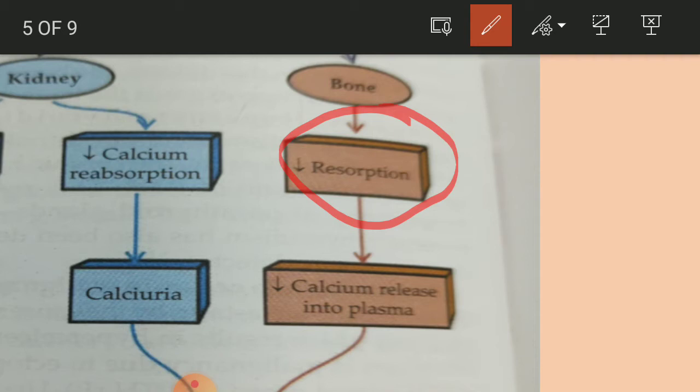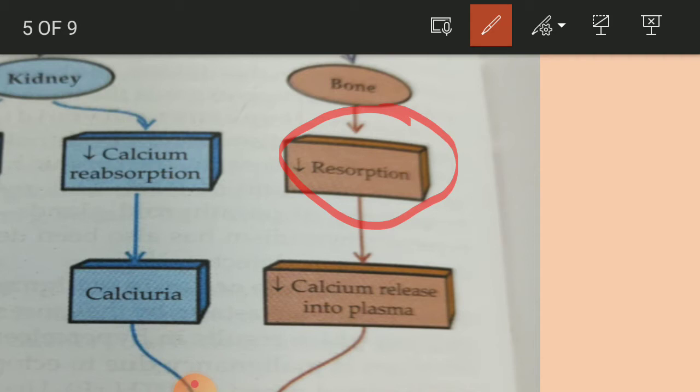We know that osteoclasts, whenever activated, become ruffled at one border and get attached with the bone surface, and there occurs a formation of resorption pocket where the dissolution of bones occurs and the bone calcium comes into blood to restore the blood calcium level.